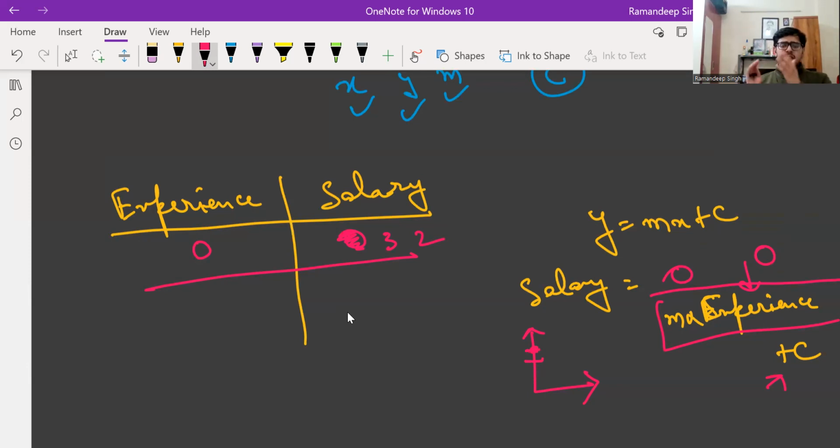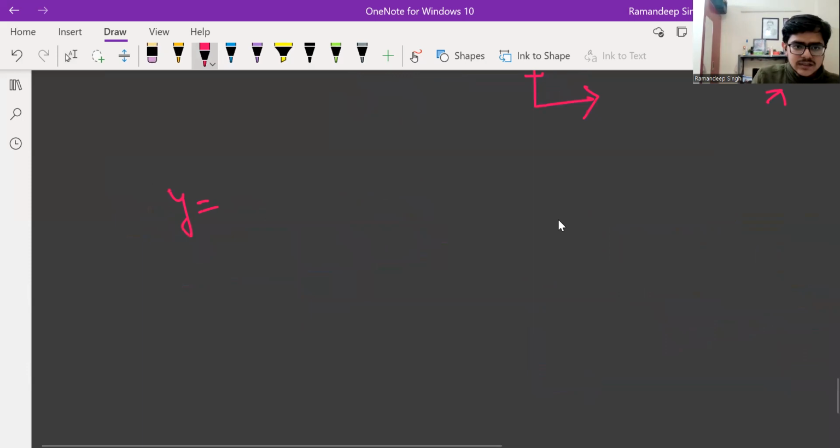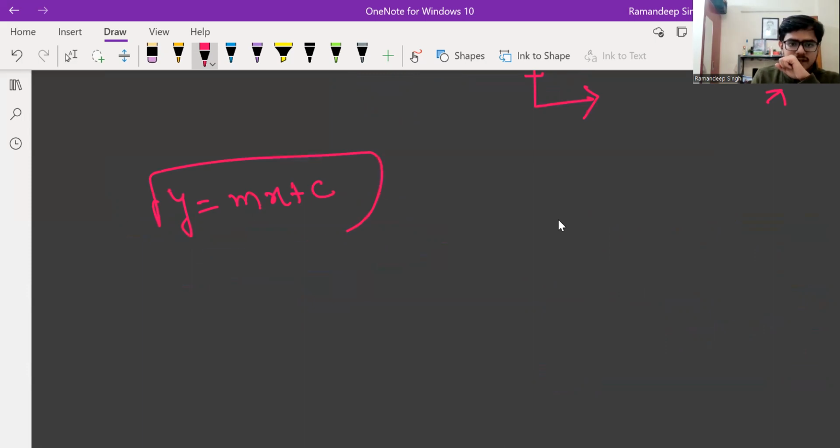It tells, if our independent variable is zero, what will be the value of our dependent variable. I hope this part is clear, and now we know what the equation y equals mx plus c represents, which is nothing but a straight line.